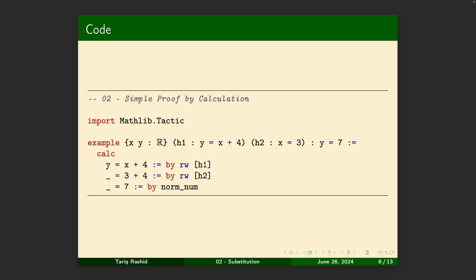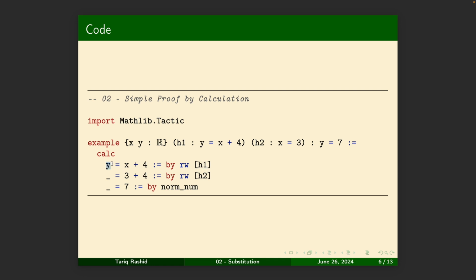So we've written down the thing we want to prove something about, which is y. We've said it's x plus 4. Why is that? Because we're given y is x plus 4 as a hypothesis. So the justification is by rewriting. So RW is rewriting. It's one of the tactics, using H1.